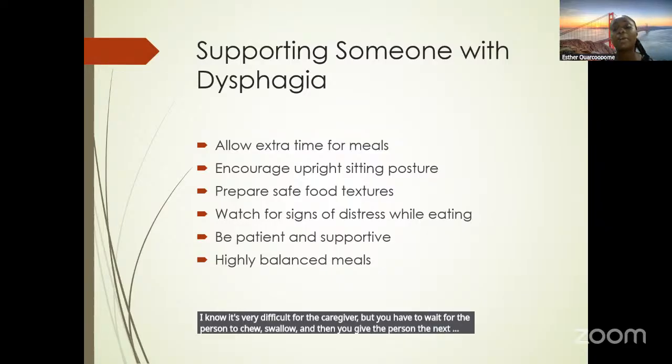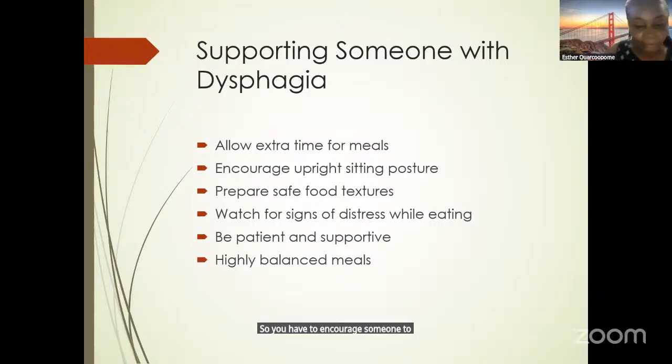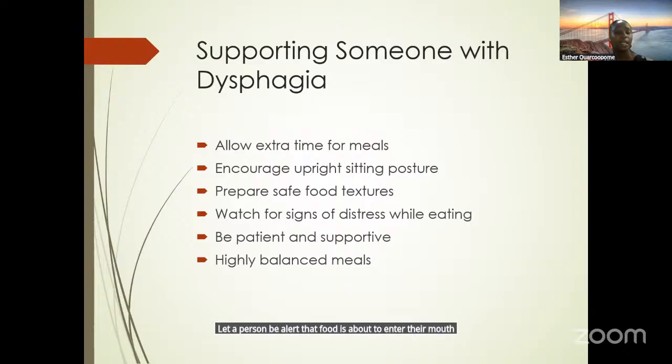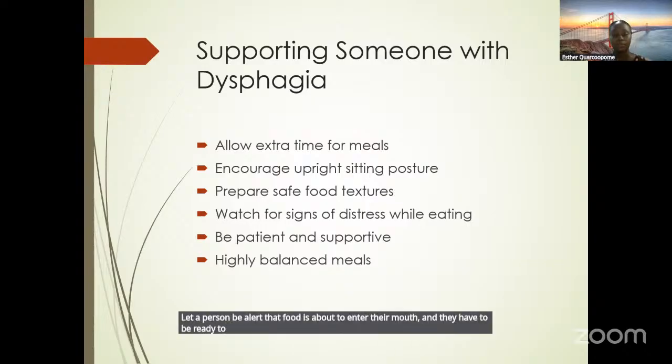You have to encourage someone to sit in a very upright posture like this to be able to feed. And make sure the person is alert. Before you feed anyone, let the person be alert. The oral preparatory stage is very important. Let the person be alert that food is about to enter their mouth and they have to be ready to accept the food.